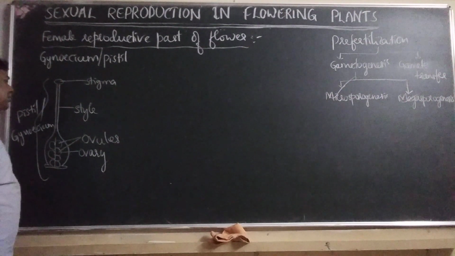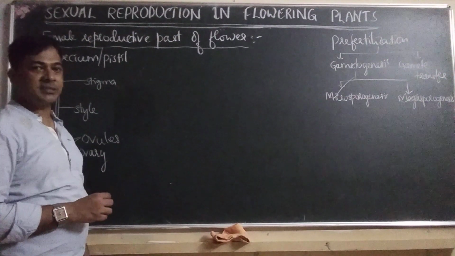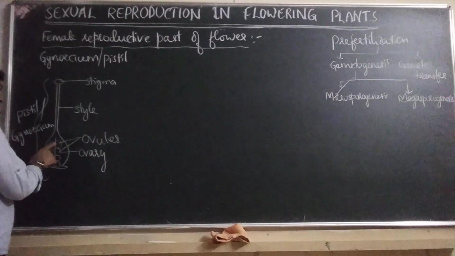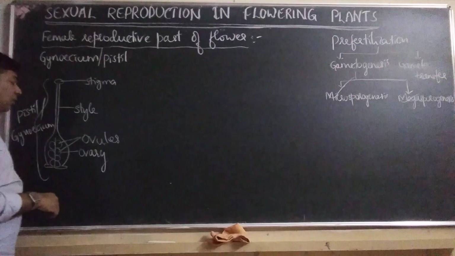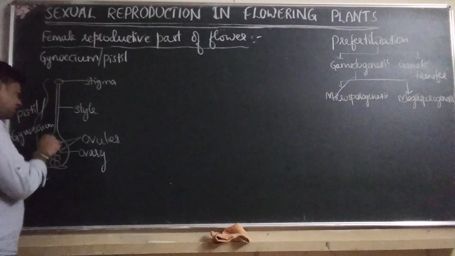But first let us see where the egg is located. The egg is a megaspore. Where is it present? It is present inside the ovary. Inside the ovary there are ovules, and the egg is produced within the ovule.